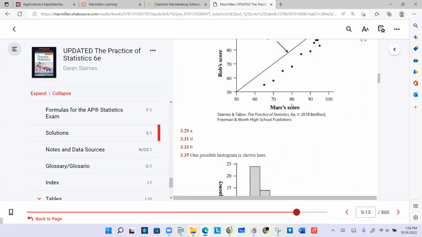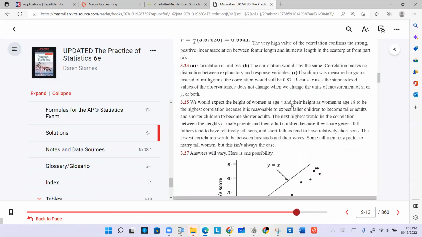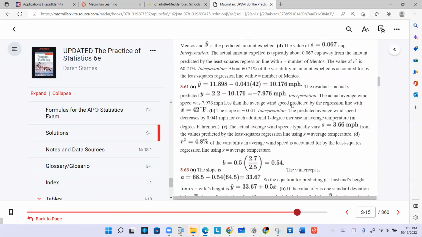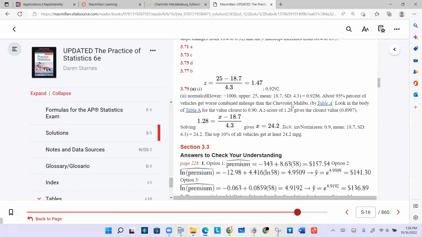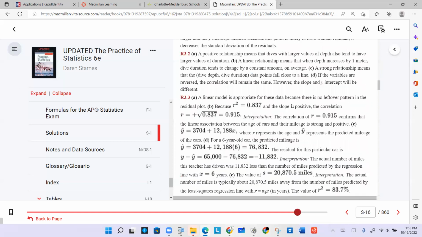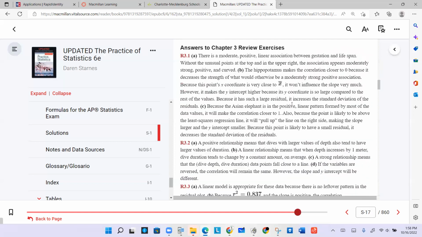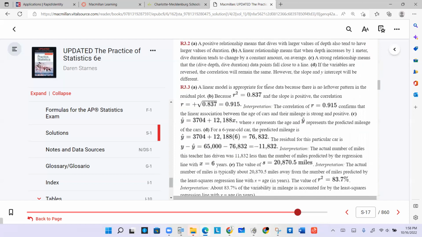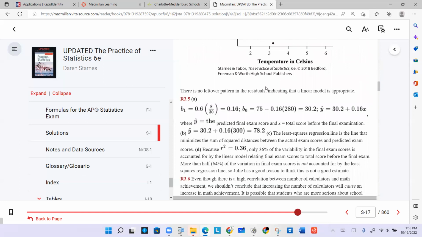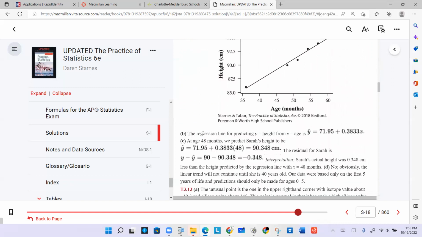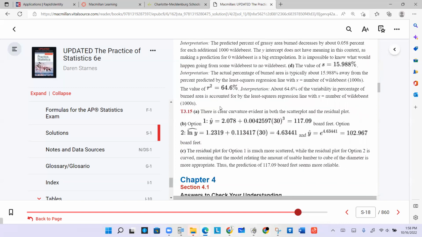So chapter 3 is, you know, it does have selected answers in the back of the book. But if you're looking for the actual review exercises, it starts right here on S17. And it gives you their textbook answers for the review sections. Then it also has just letter choice answers for the practice test that's in there, as well as answers for the free responses on there.